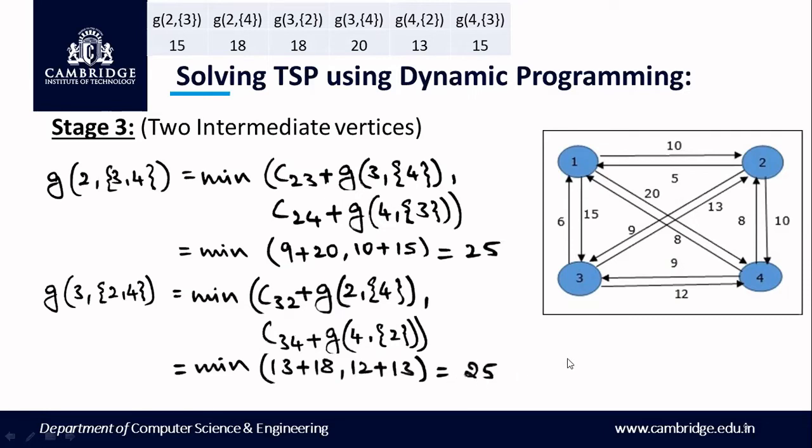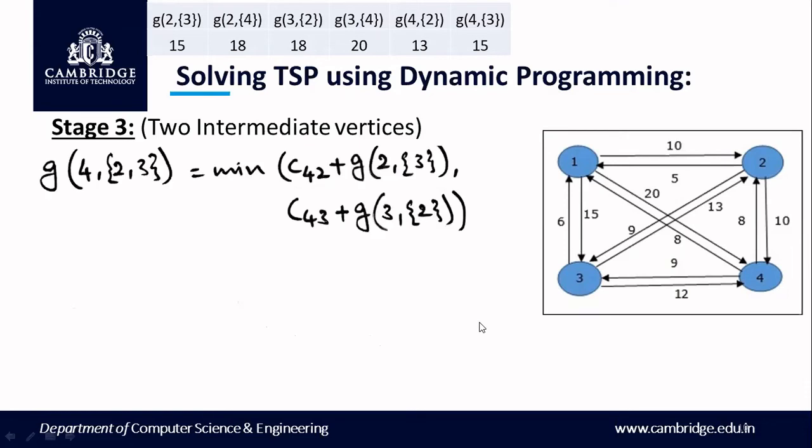Similarly, we have another option. We have explored vertex 2 to remaining vertices, vertex 3 to remaining vertices, and similarly we have vertex 4 to remaining vertices. That is given as connectivity from vertex 4 to vertex 2, that is C of 4 comma 2 plus shortest path from 2 to destination via the remaining vertex, that is 3.